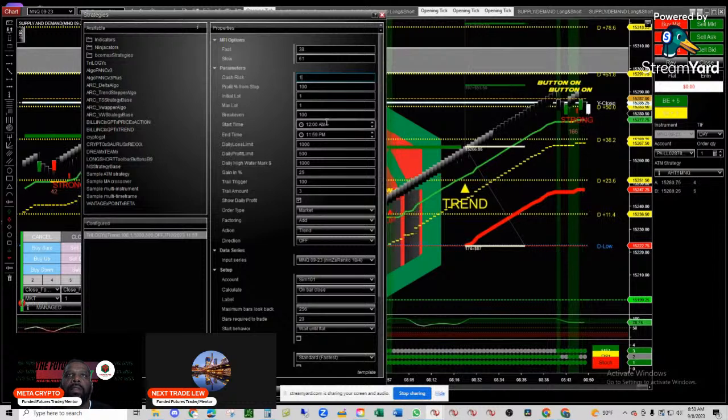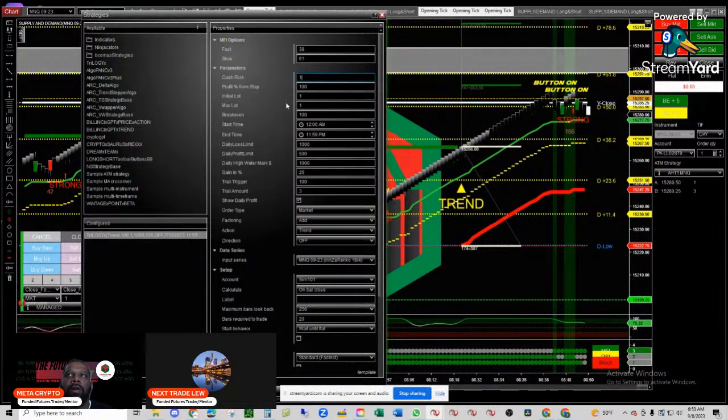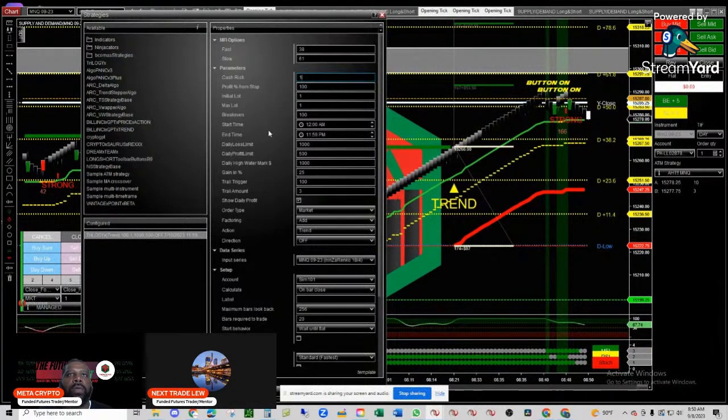So I got my start time, my end time for this algorithm to be turned on. What else we got? The daily loss limit, daily profit limit. I'm only looking to go $200 today, and I'm only looking to risk 400.